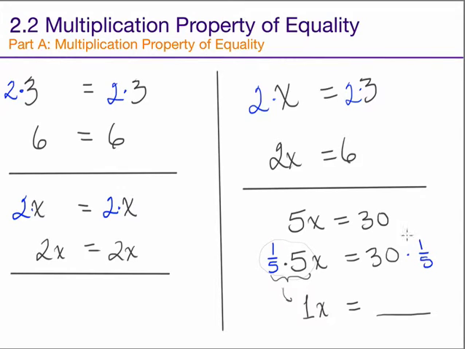What's 1/5 of 30? It's 6. So x equals 6. I can do all this multiply both sides business as much as I want, but to find the solution of the equation, I need to pick the right number to multiply both sides by.